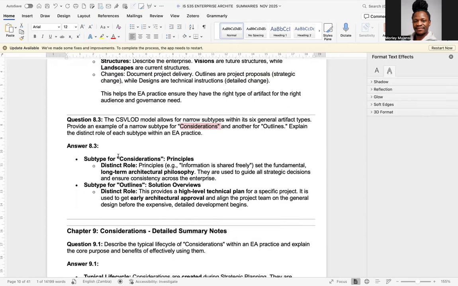So the subtype for considerations, these are principles. So the role, principles, just like information, is shared freely. Set the fundamental long-term architectural philosophy.